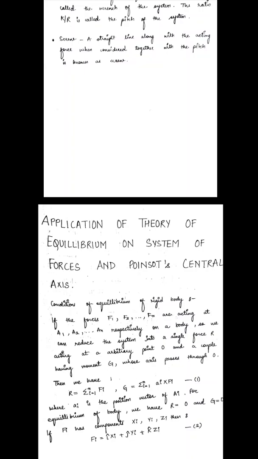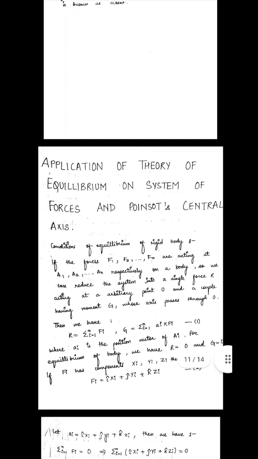Condition of equilibrium of a rigid body: if the forces F1, F2 till Fn are acting at A1, A2 till An respectively on a body, we can reduce the system into a single force R acting at an arbitrary point O and a couple having moment G whose axis passes through the point O. Then we have R equals summation i equals 1 to n of Fi, G equals summation i equals 1 to n of Ai cross Fi, which will be equation 1, where Ai is the position vector of Ai. For equilibrium of a body, we have R equals 0 and G equals 0.